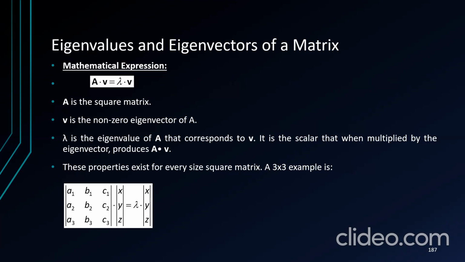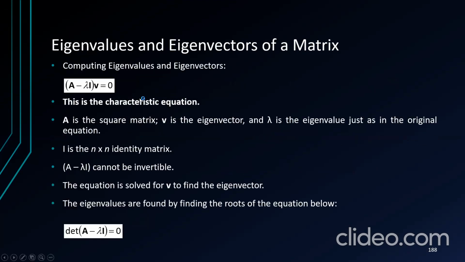Let's check. Computing the eigenvalue and eigenvector: A minus lambda I, times B, is equal to 0. This is the characteristic equation. It's equal to the earlier one because I is 1. A is the square matrix, B is the eigenvector, lambda is the eigenvalue, just as in the original equation. I is the n by n identity matrix.